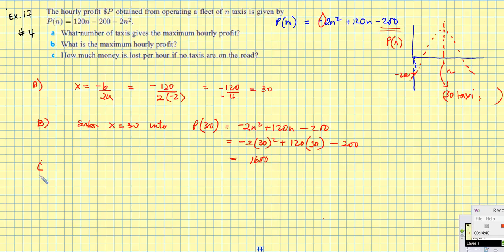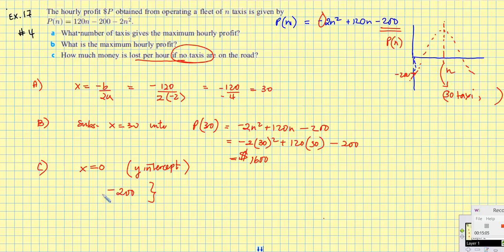Okay, the third part of the question asks, how much money is lost per hour if no cabs are on the road? Well, that means that our value of the x is equal to 0. So if x is equal to 0, that means that we're looking at the y-intercept. And the y-intercept happens to be in our equation negative 200.